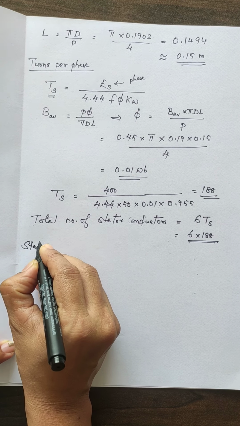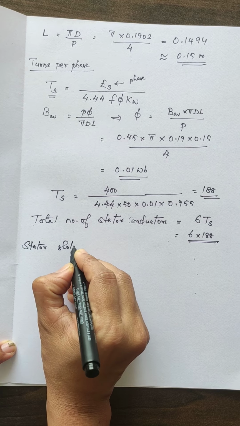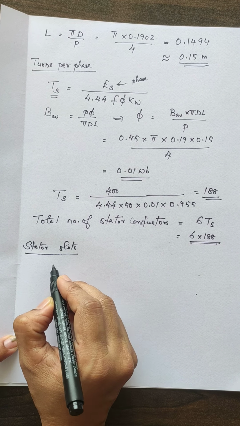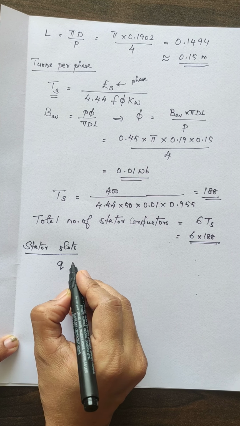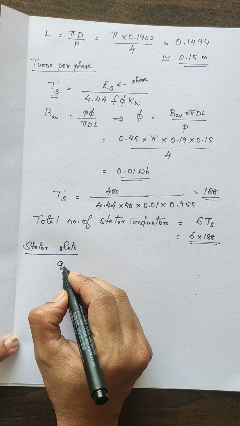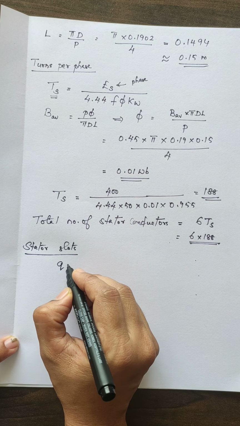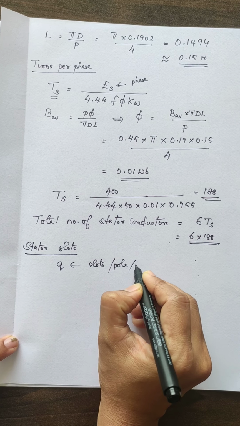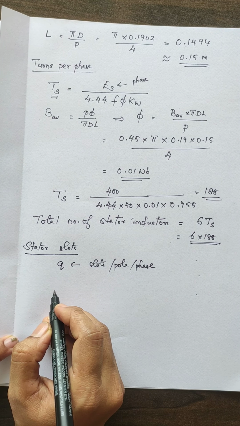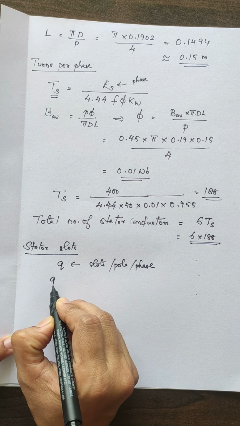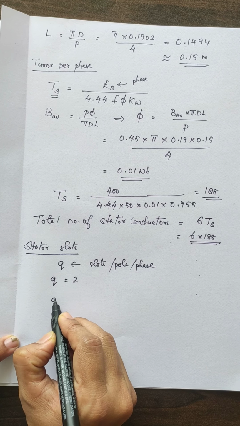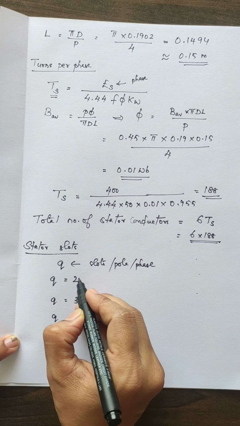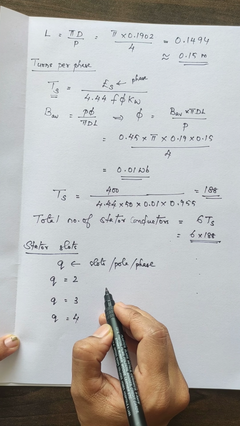Now the next step, after calculating the turns per phase, is the calculation of the number of stator slots. We will calculate the number of stator slots by assuming different values for Q, that is, slots per pole per phase. Its minimum value is 2. So we'll assume Q is equal to 2, Q is equal to 3, Q is equal to 4, etc., and correspondingly calculate the total number of slots.